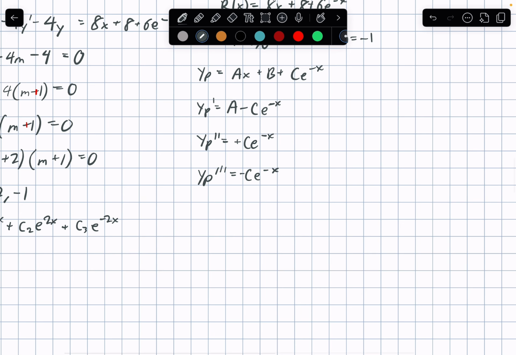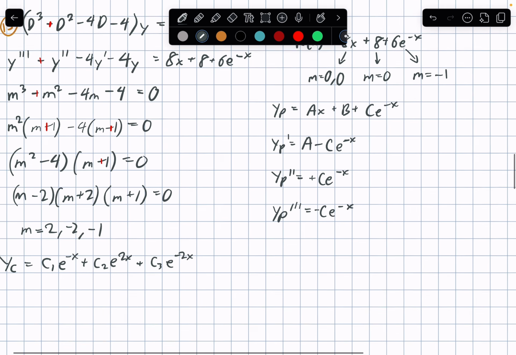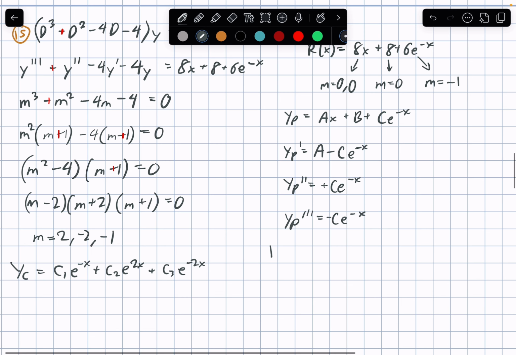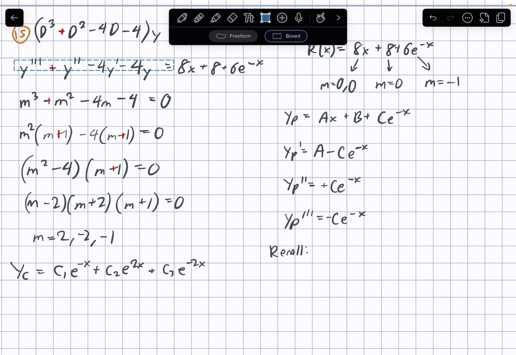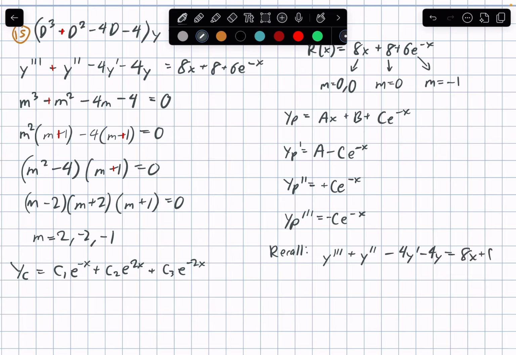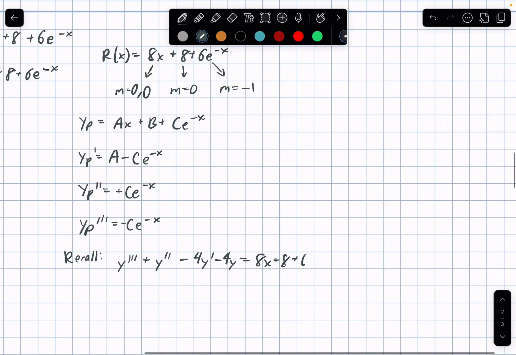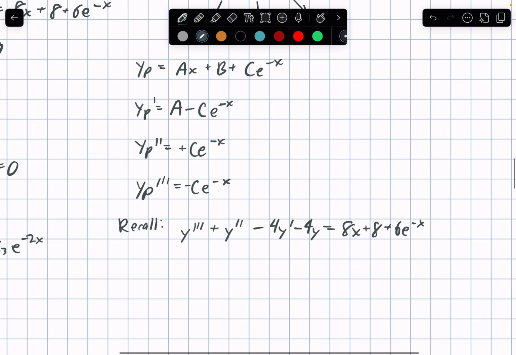And then, what do we do now? By third derivative, recall exactly this one. No? Let me rewrite it again. Y triple prime plus y double prime minus 4y prime minus 4y is equal to 8x plus 8 plus 6e raised to negative x. Substitute now.